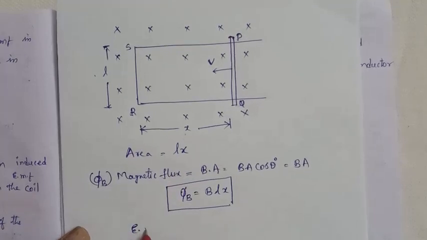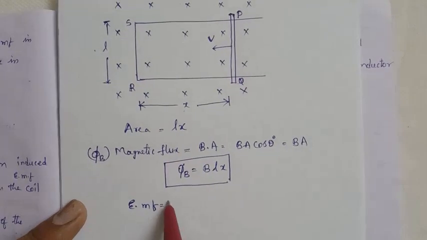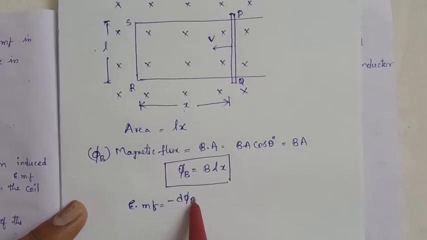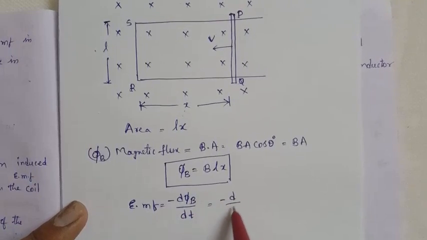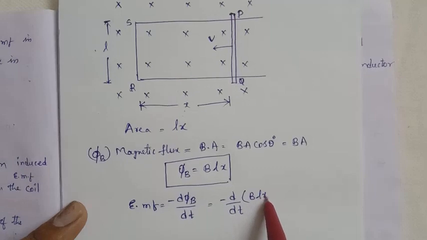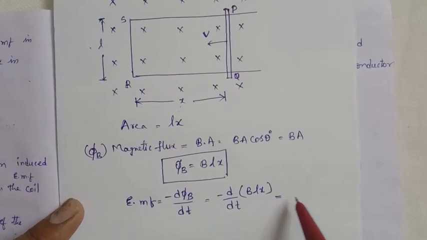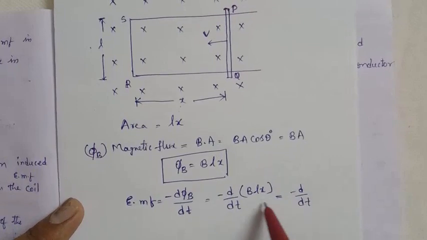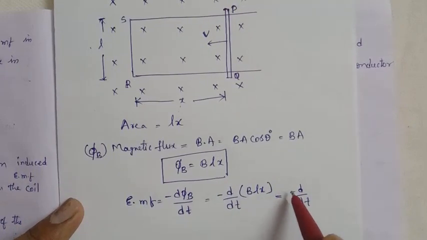So EMF is equal to, according to Faraday's law of induction, minus d phi B by dt, that is minus d by dt of BLx. In that, which variable will vary? Only x will vary with respect to time.